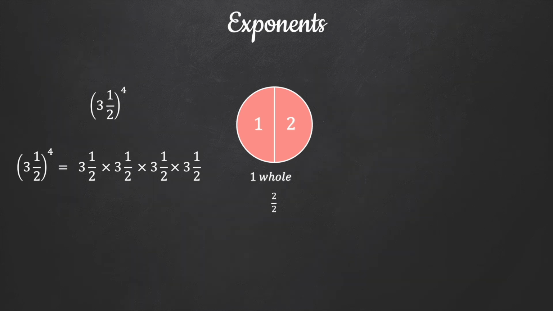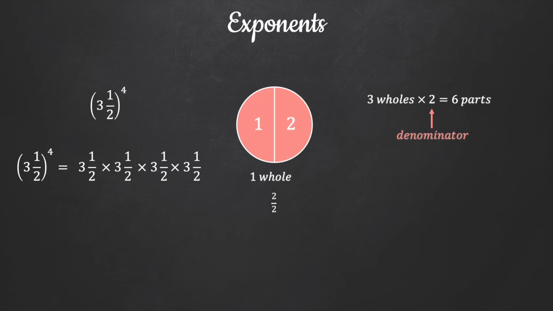So that's what we need to make one whole. In our example, we have 3 wholes. So if we have 3 wholes, that means that each whole is going to have 2 out of 2 parts shaded, because our denominator is out of 2, and in order to make a whole, we need those 2 parts shaded.